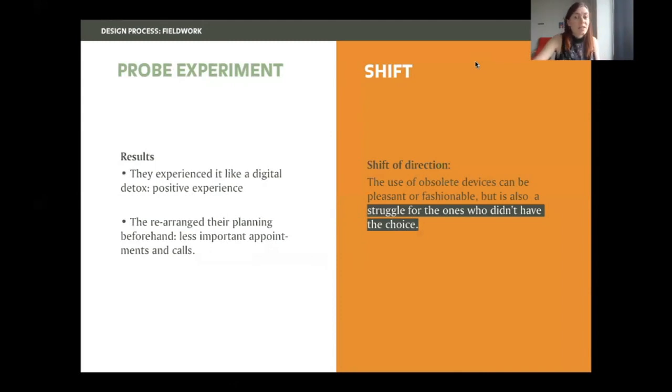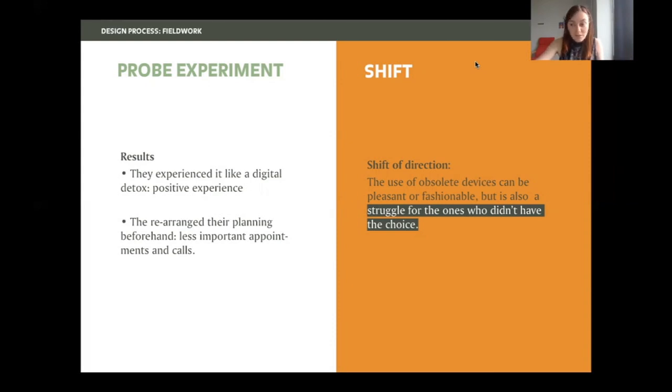They experienced it like a digital detox, like a positive experience. But what I could see is that they rearranged their planning beforehand. They postponed their important calls, activities and meetings to the next week.